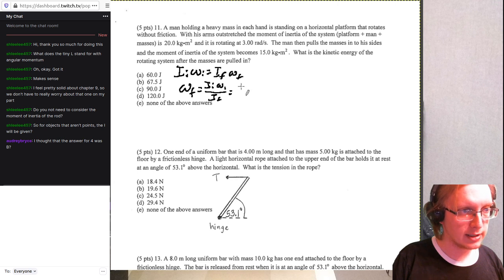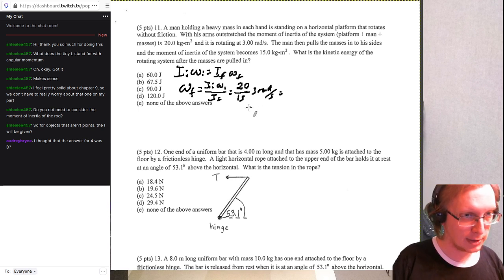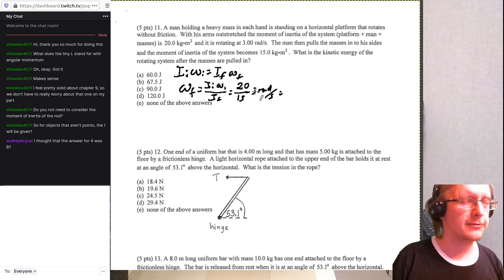I initial is 20 over 15. Those units cancel each other. Omega initial is 3 rad per second. But we can do better than that. 3 over 15 is a fifth. 20 over 5 is 4.